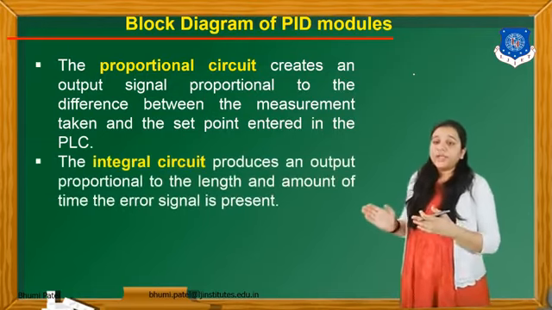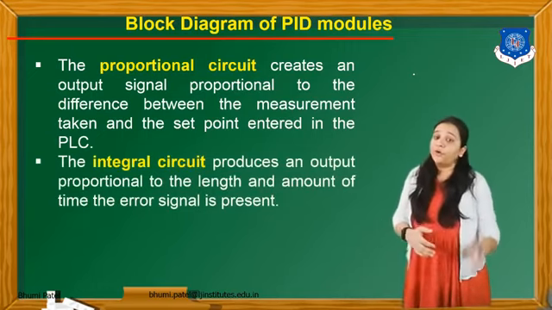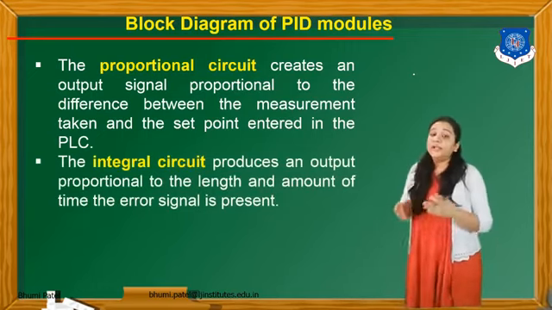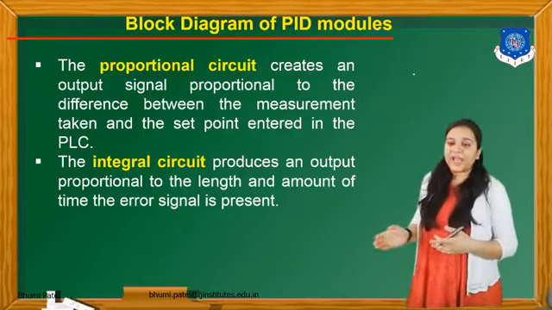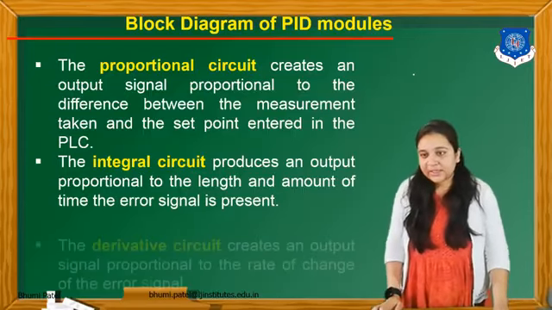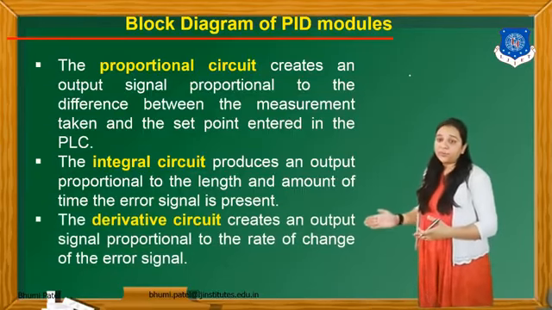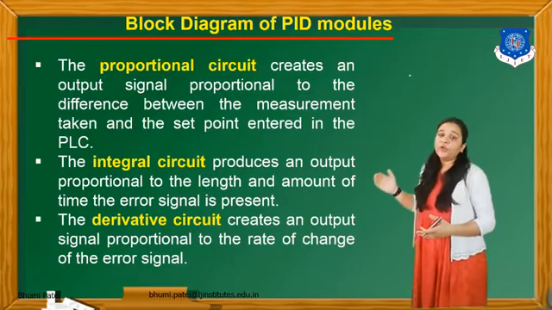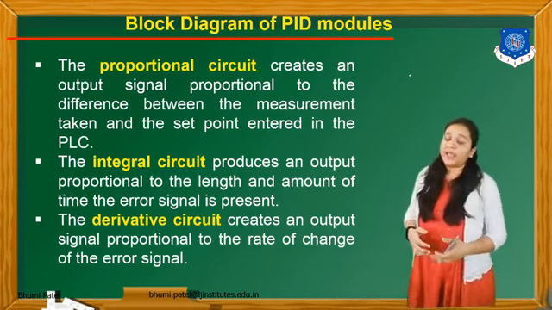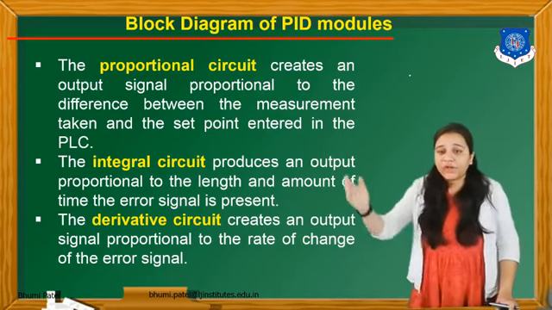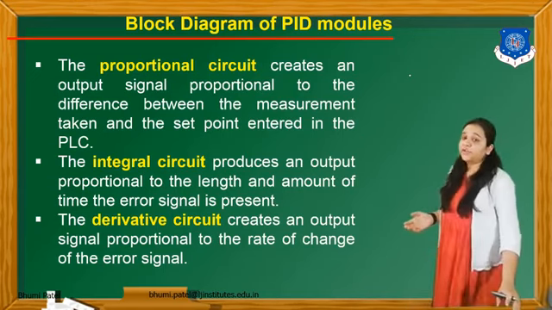Now, the integral circuit produces an output proportional to the length and the amount of time the error signal is present, and the derivative circuit creates an output signal proportional to the rate of change of the error signal. So this is the individual function of the different circuits.